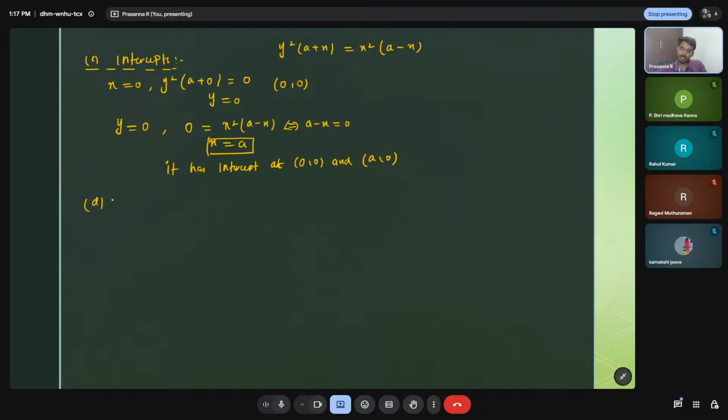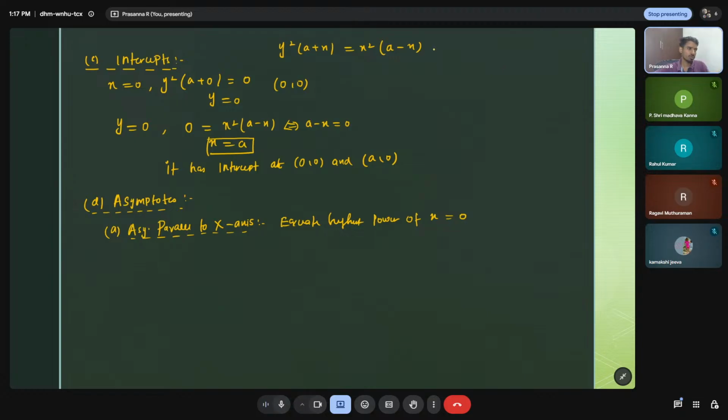Now we will find all asymptotes. We will see whether it has vertical asymptotes and horizontal asymptotes. The first is asymptotes parallel to x-axis: equate the highest power of x to 0. What is the highest power of x?